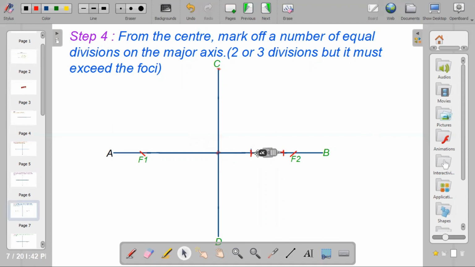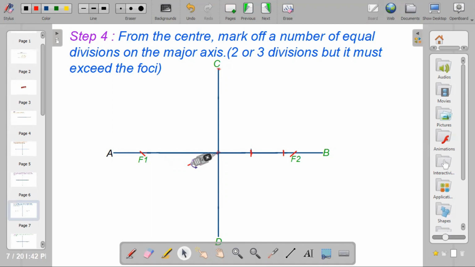Then you take it to the other side. The same thing you did towards your right hand side, you transfer it to your left hand side using the same radius. So I'll place my compass here.